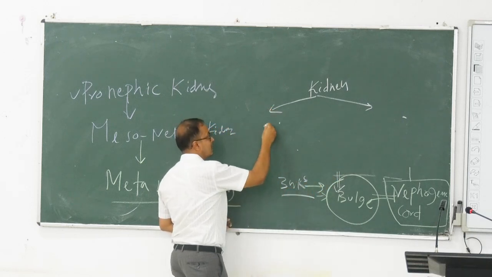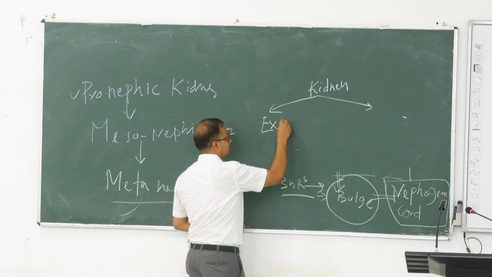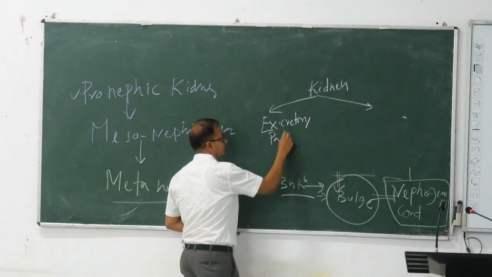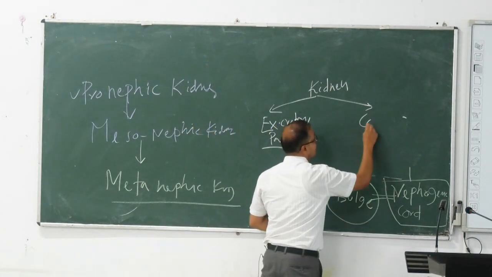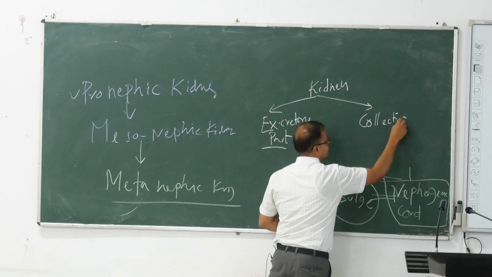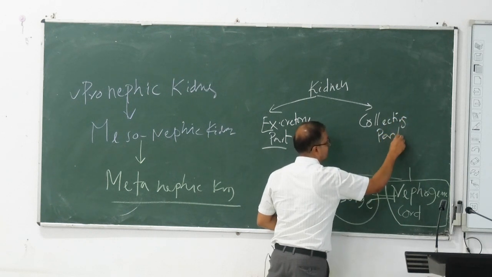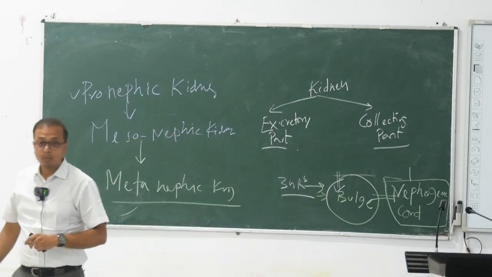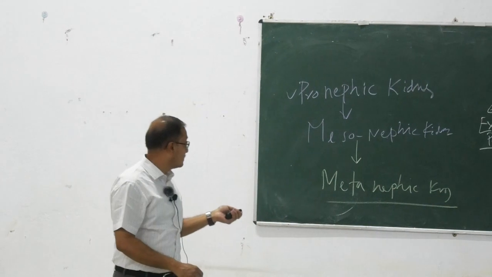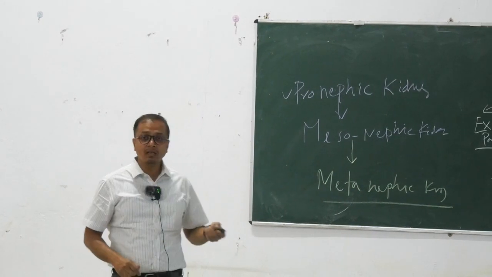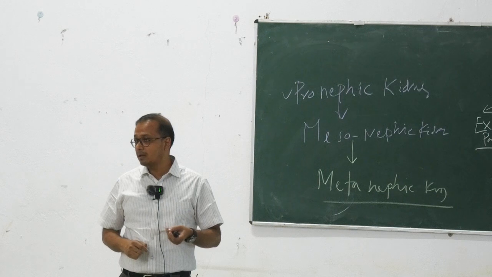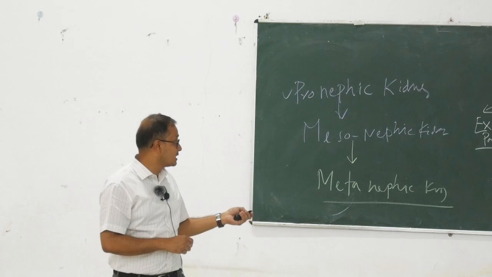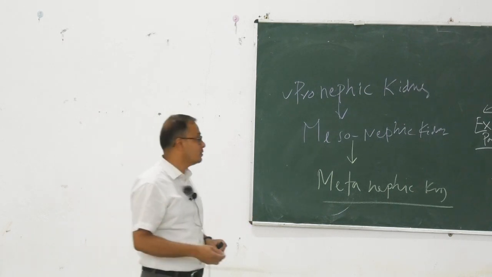The excretory part is involved in the production of urine, and then we have the collecting part, which collects the urine that is produced.